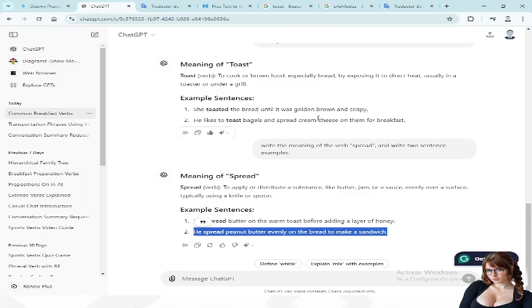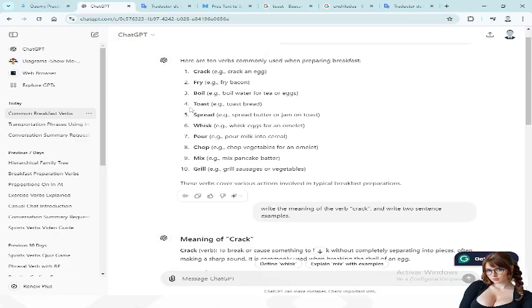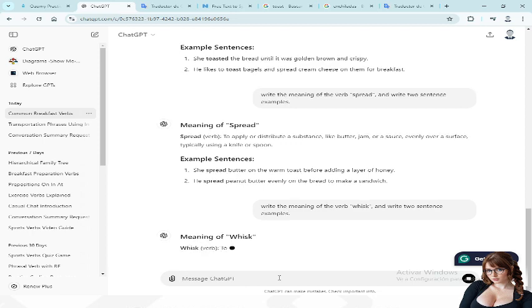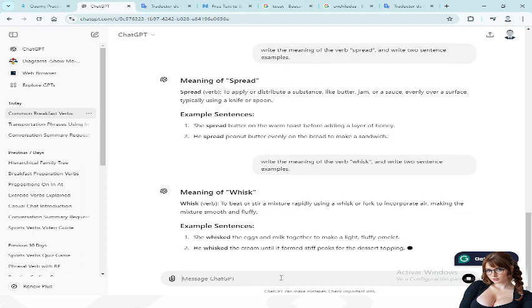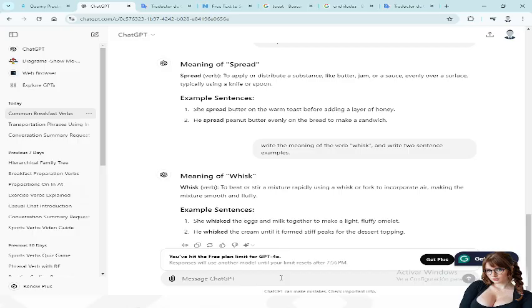The next verb is whisk. Whisk, I remember, is like moving in a circle and mixing the eggs. We need to copy the same structure. The verb is whisk. Okay, the example is: she whisked.